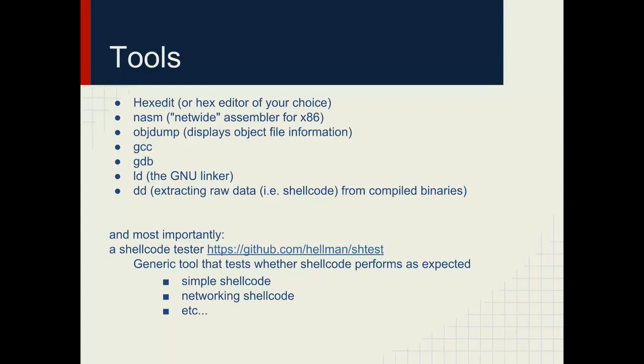Often a hex editor is going to be one of your most commonly used tools, as well as some sort of assembler, disassembler, compiler, debugger, a linker, and something for editing raw data like a hex editor, perhaps just for extracting. dd is useful for that. And some form in which you can test your shellcode. The above tests, I believe, just simple networking shellcode written in C and x86.